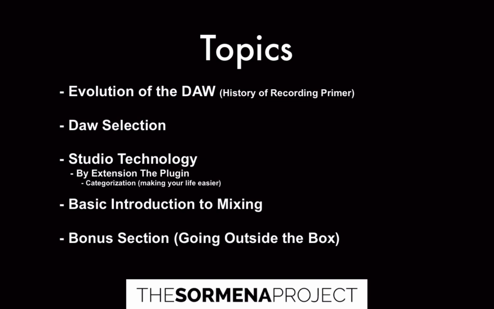But we might use that EQ in a really drastic and extreme and crazy way, or use many EQs in series or in parallel, which you really can't do so much outside of the computer. So we'll talk about getting really creative a little bit and using things beyond their intended purposes.